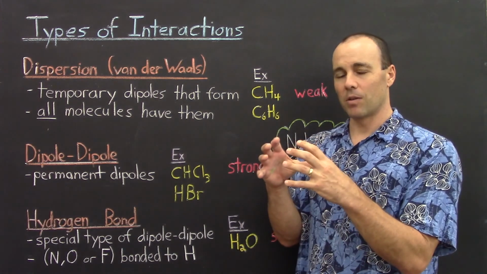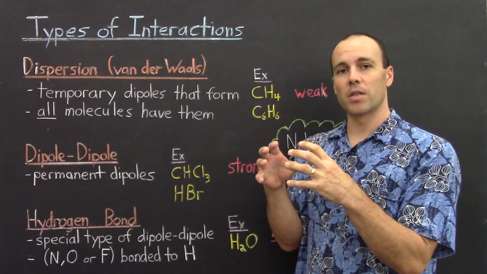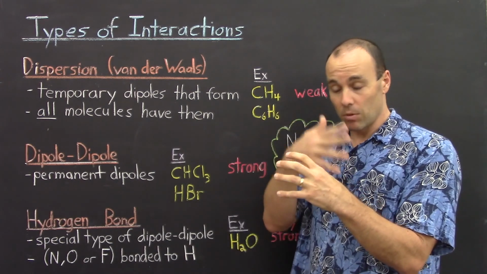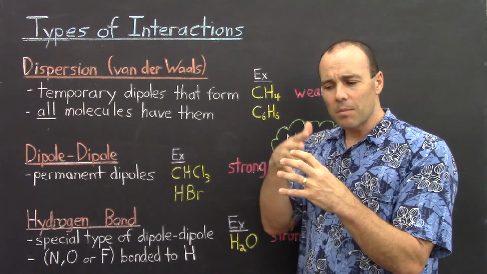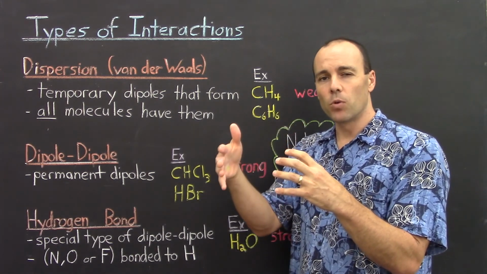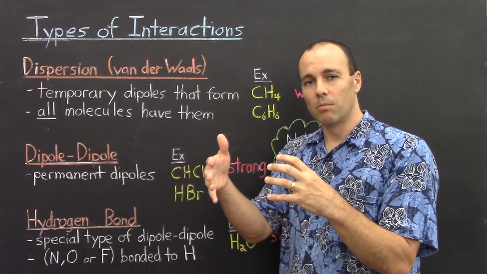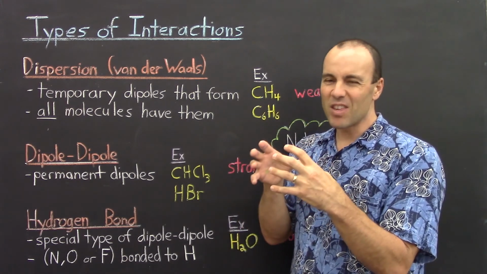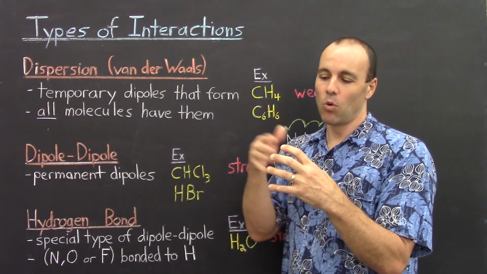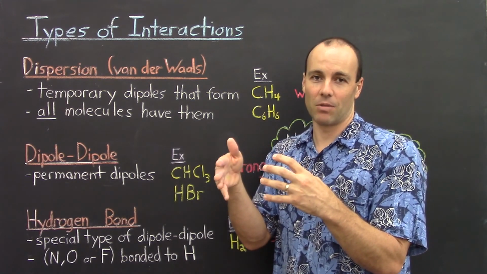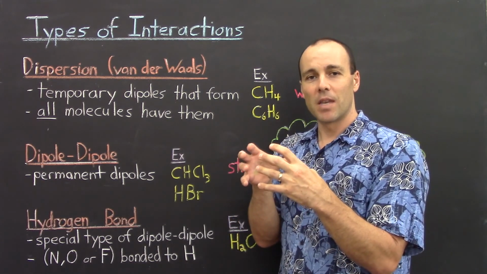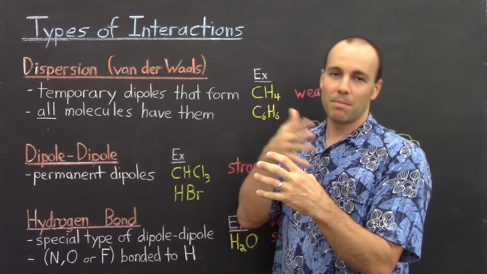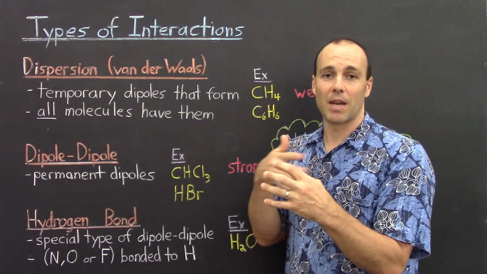If you have a molecule, the electrons in that molecule being able to move around relative to the nuclei sometimes will move towards one side of the molecule more than the other side. So by chance, there might happen to be more electrons on this side of the molecule than on that side of the molecule. And in that case, you would have a temporary negative side and positive side. In other words, a temporary dipole.